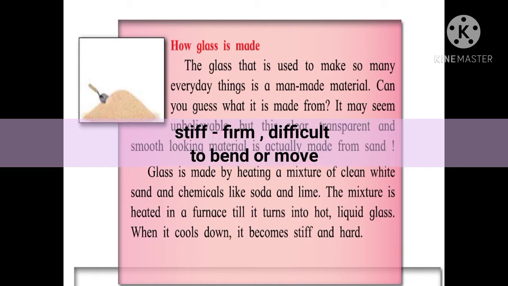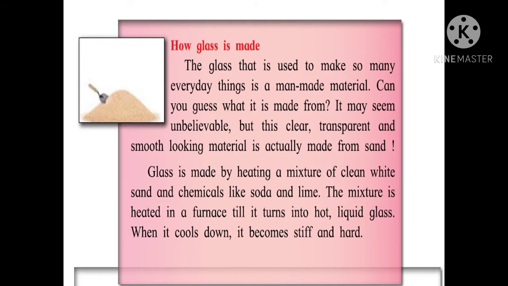Stiff means firm, difficult to bend or move. It becomes so hard and stiff after it cools down. So, I hope this much is clear to you. How glass is made is clear to you. Let's move ahead with our next topic.